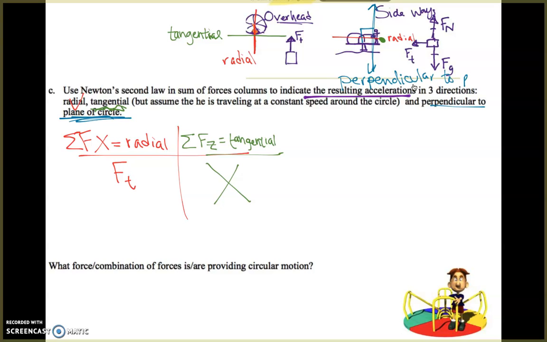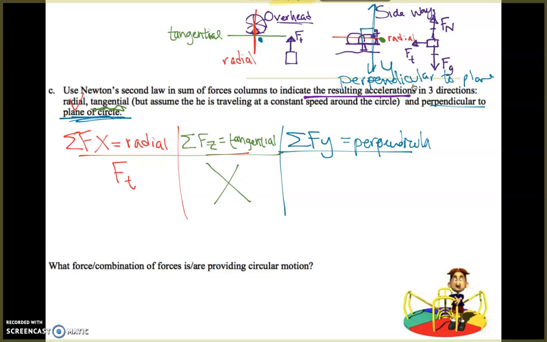That direction I'm going to call the y direction. In this picture, that would be like a dot going into the page. You can't actually see that axis in the overhead view because overhead is looking downwards on it. So that's going to be the sum of the forces in the y direction, perpendicular.